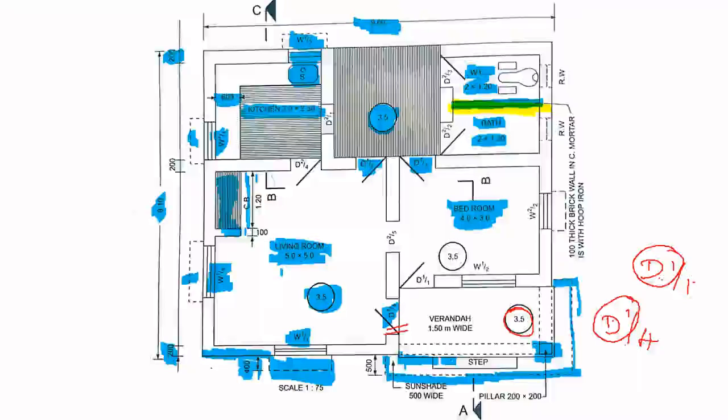It is a 100 thick brick wall in cement mortar with hoop iron. So this is 100 mm thickness wall. So I think I have explained everything.